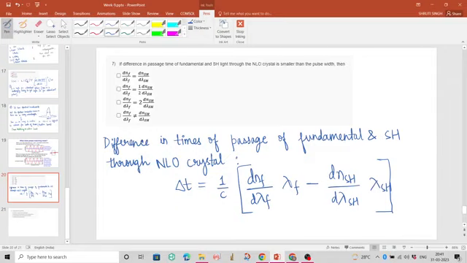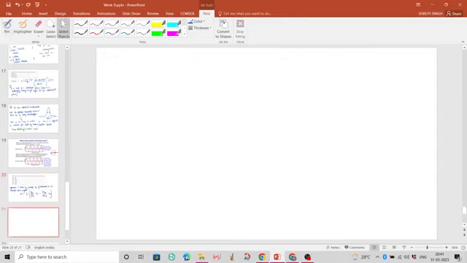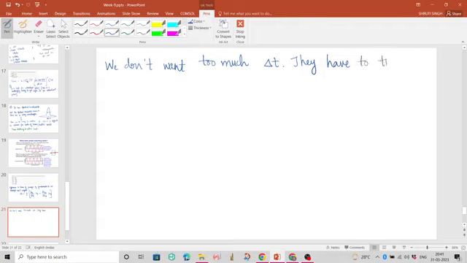So if we want the difference to be smaller than the pulse width, then actually we don't want too much delta t, because they have to overlap for the wave packet to sustain.